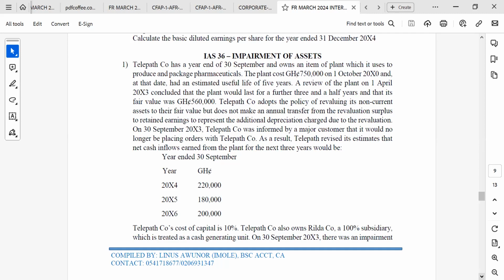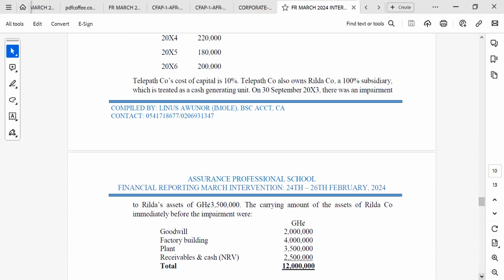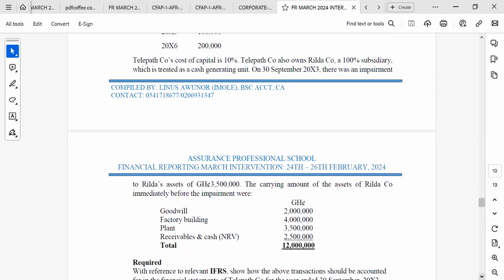Telepath company also owns Realda company, a 100% subsidiary which is treated as a cash generating unit. On 30th September 20X3, there was an impairment to Realda's assets of 3,500,000 Ghana cedis.